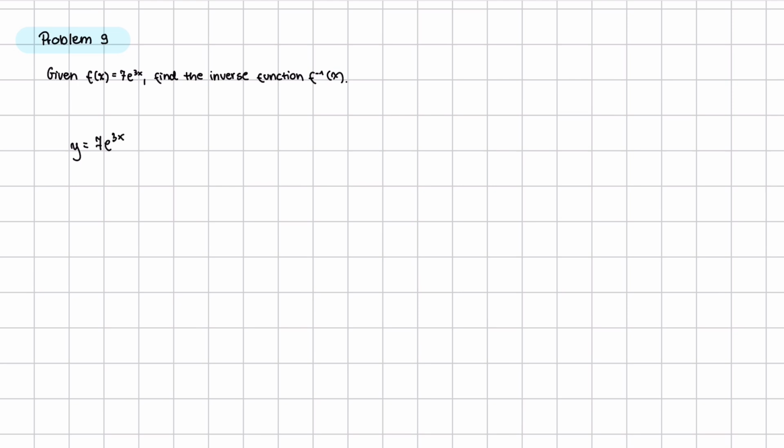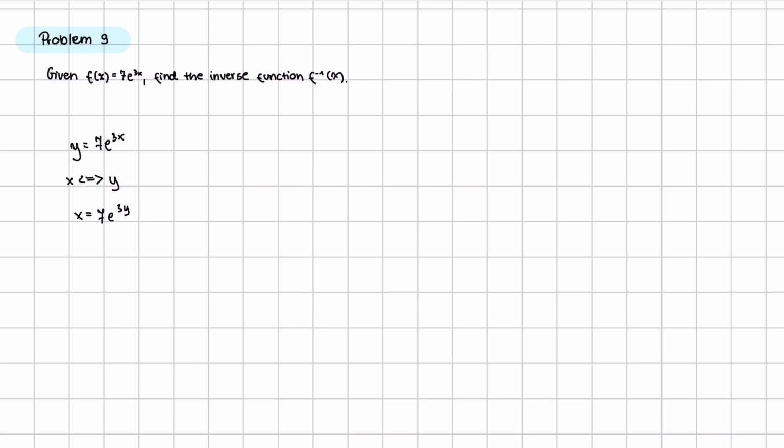And now to find the inverse function, we know that in the inverse function x is y and y is x. So we can swap x with y, so our function will look like this. And now we have to isolate y.